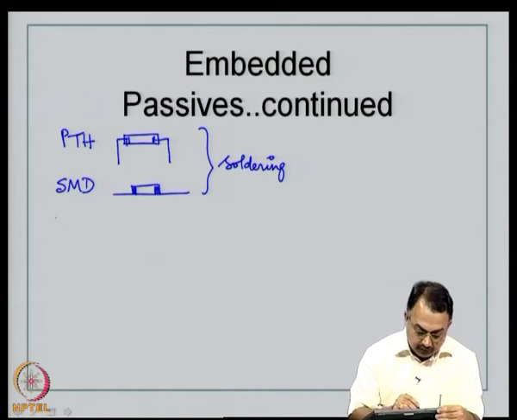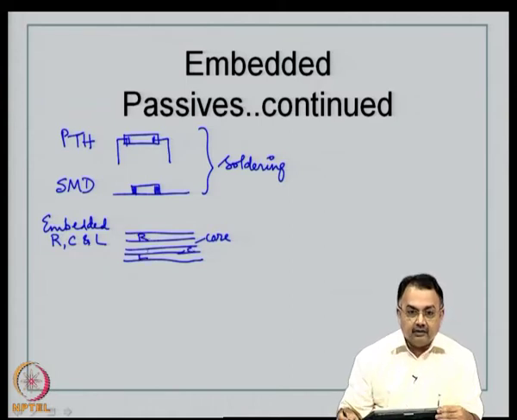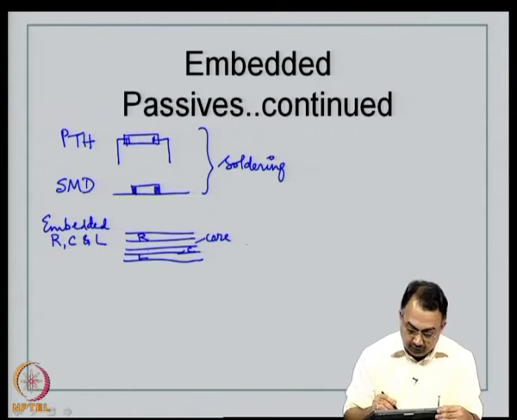Now, we are talking about embedded components, that is R, C and L, which means if you have a system level printed wiring board and you have a core of the printed wiring board designated, you can embed R into one of the layers, and C and L respectively, and connect them to the copper interconnects through microvias.